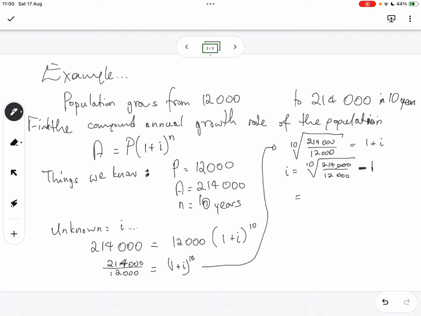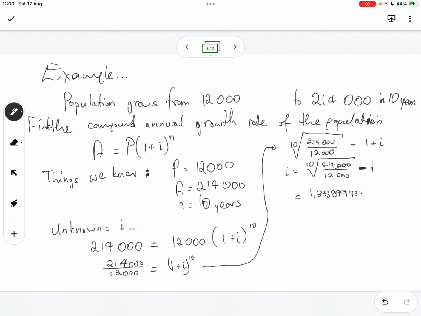Then we take the 10th root, 1.338999 something.